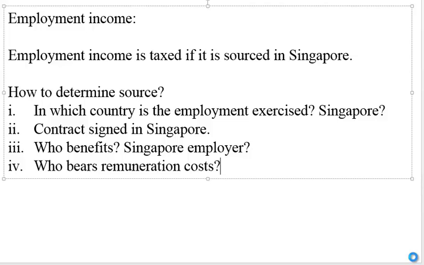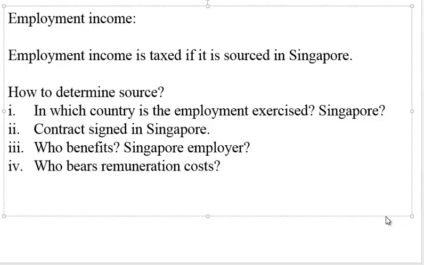The Singapore company. These visits account for 30% of the time spent outside Singapore, but that's irrelevant here. He tries to claim that part of his employment income as sourced outside Singapore. Will IRAS agree? No, because actually it's Singapore employment. The source is in Singapore. So the answer to question number 1 is IRAS will not agree.